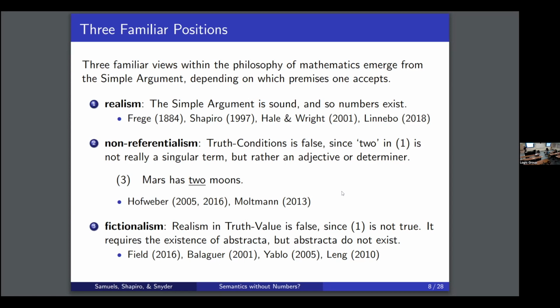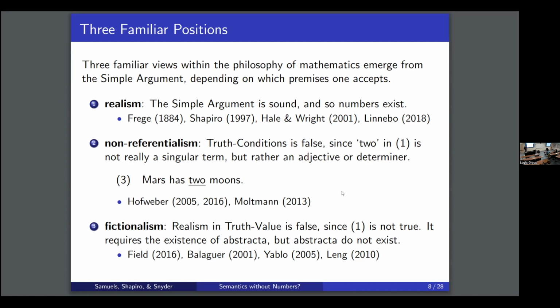I should have mentioned that non-referentialism has been defended only by a couple of philosophers, most notably Thomas Hofweber. Friederike Moltmann also defends it, at least in part. But by far the most extensive non-referentialist is Thomas Hofweber. We've had many arguments with him in the past, and they'll probably continue.